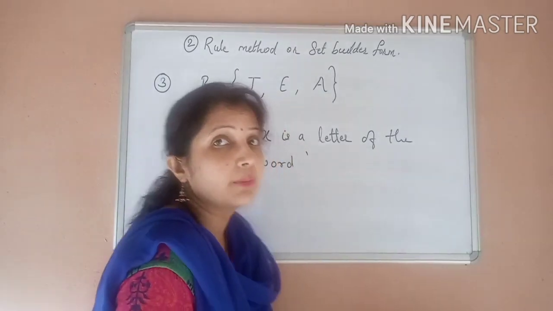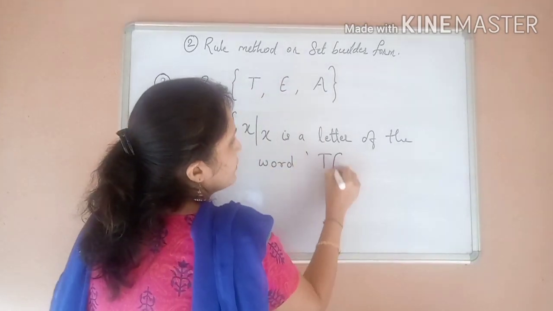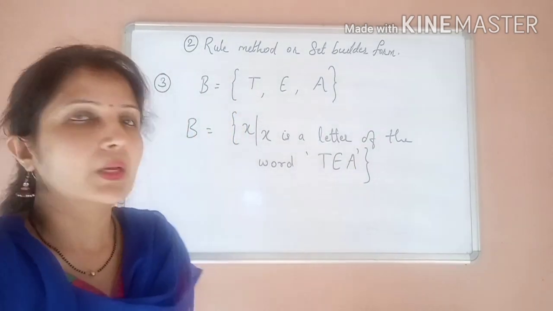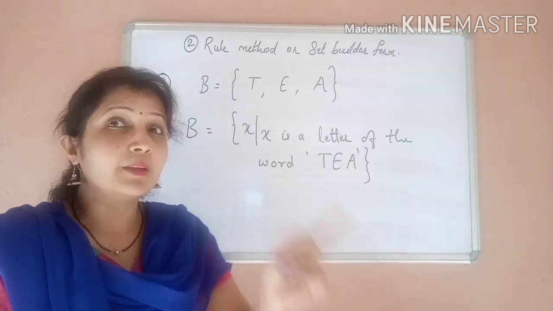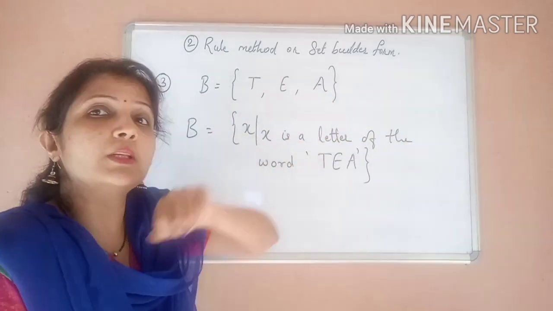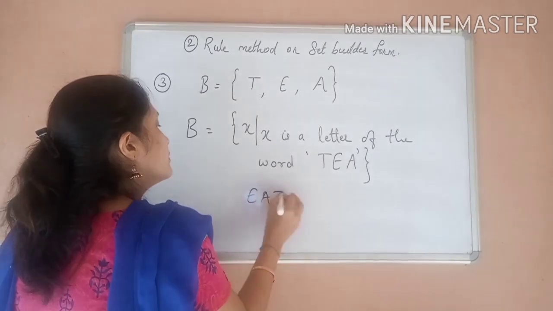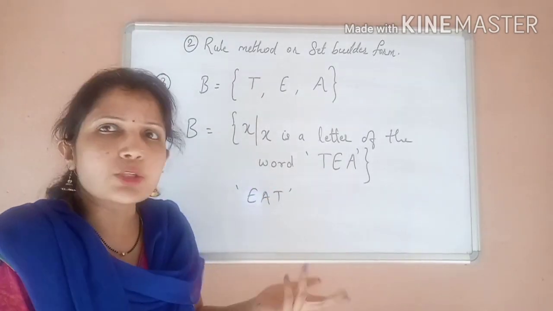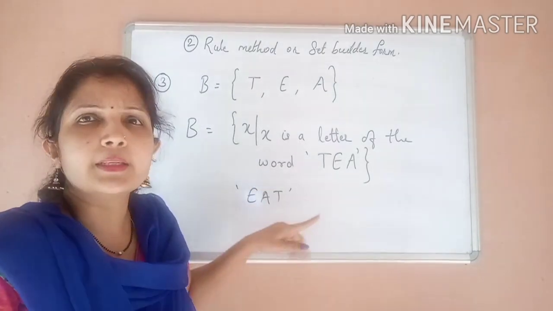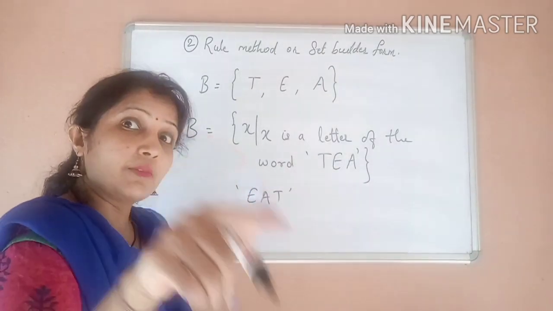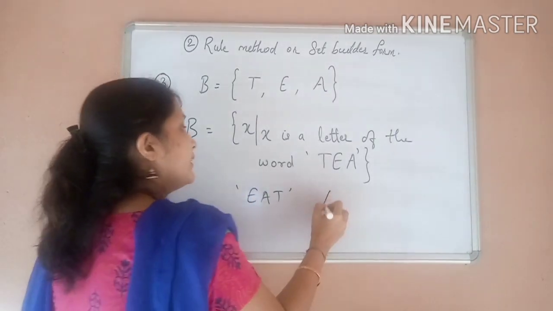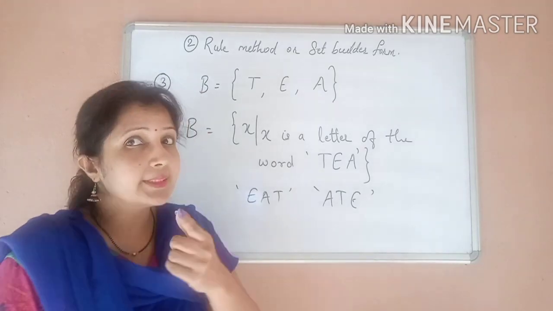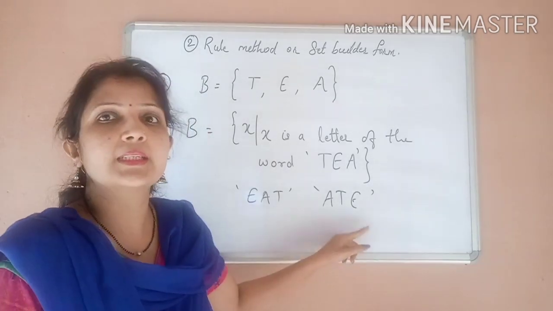What word can it be? TEA. That's simple. Now, some of you may think, why teacher, TEA only? Why is it not EAT? There are some students who will be thinking, instead of TEA, you can write EAT. You will get the marks. Now some of them will be again using their head: why teacher, is it not ATE? Yes, it can be ATE.